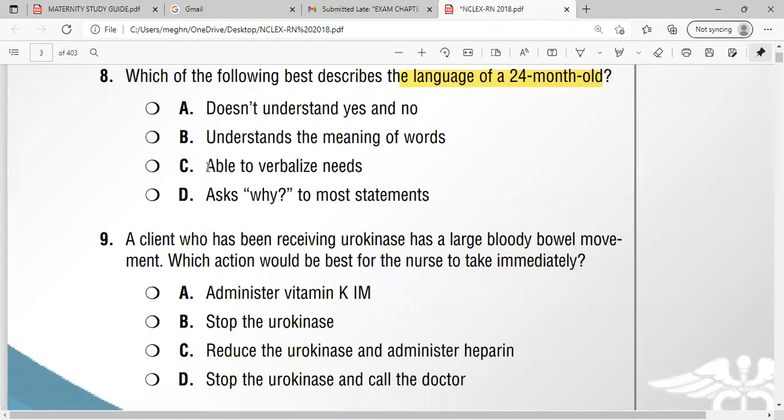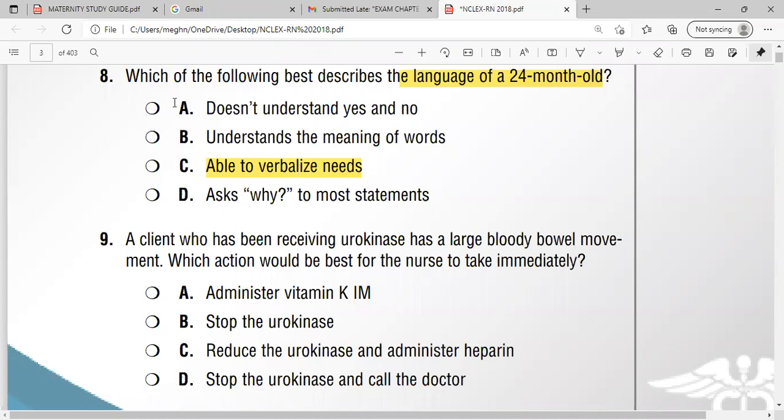So the correct answer is able to verbalize their needs. At 24 months, 2 years, they are able to verbalize feelings. So children at 24 months can verbalize their feelings or needs.